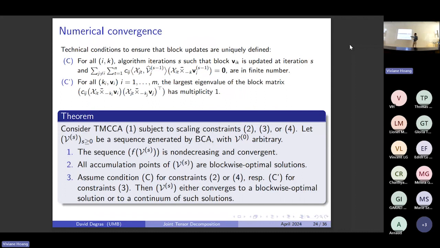And then the sequence itself has accumulation points, which are blockwise optimal solutions. BCA optimizes one block at a time, so you can only hope to get blockwise optimal solutions. And under additional constraints, you can show that the sequence will either converge to a blockwise optimal solution or to a continuum of such solutions.